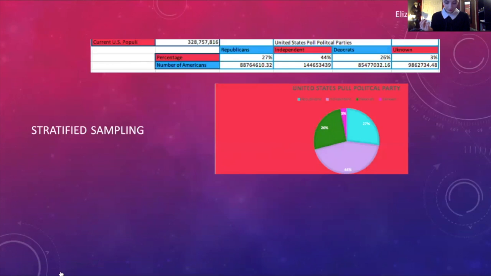Stratified sampling is when the population is partitioned into non-overlapping groups: Republicans, Democrats, Independent, Unknown, as you can see on the chart. The US poll on political party shows Independent is a huge chunk of it, then Republicans and Democrats are very close, and then 3% Unknown.